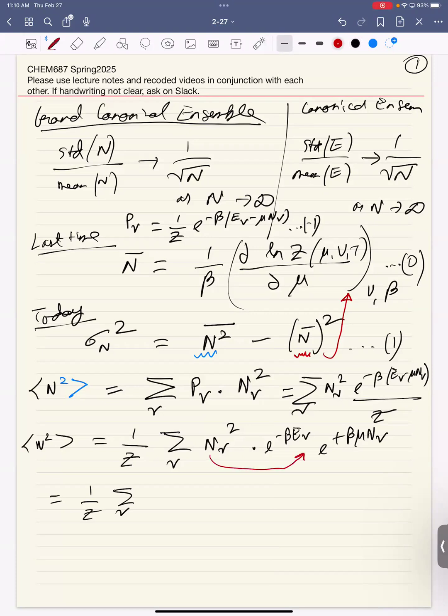Okay, so I will leave the first N nu over here. The second N nu I will take further to the right. This multiplied by e to the power minus beta E nu multiplied by N nu, the N nu that I borrowed from the left, but not just N nu, I will write it as beta N nu divided by beta. So I have multiplied and divided by beta, okay? Multiplied by e to the power plus beta mu N nu.